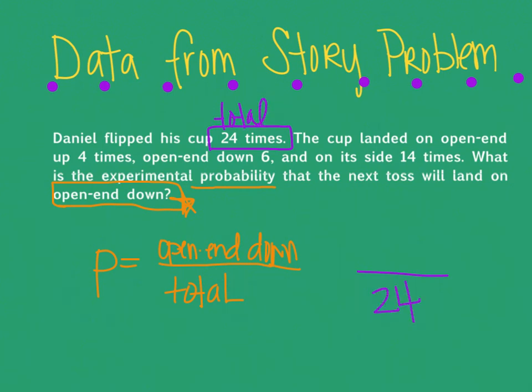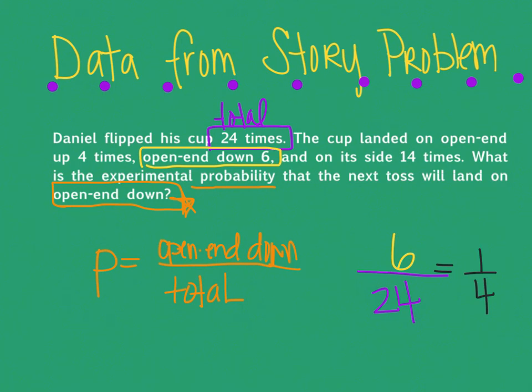Okay, so I know the total is 24. Open end down. I'm going to go find that number. Open end down says 6. So then I would put a 6 up here. Okay, 6 out of 24. If you wanted to simplify that, you could. It could simplify down to be 1/4.